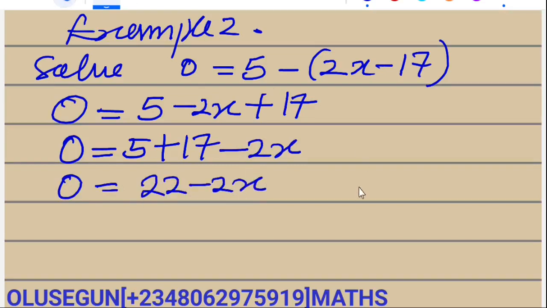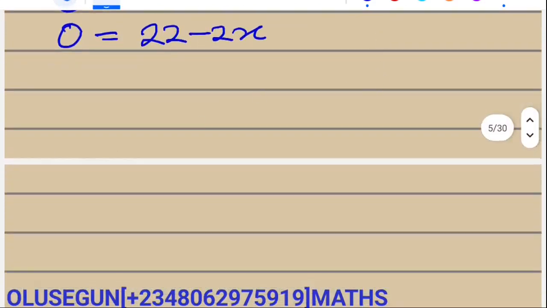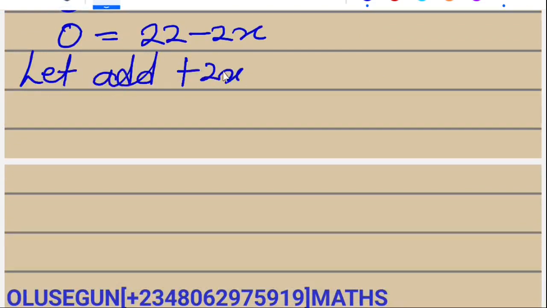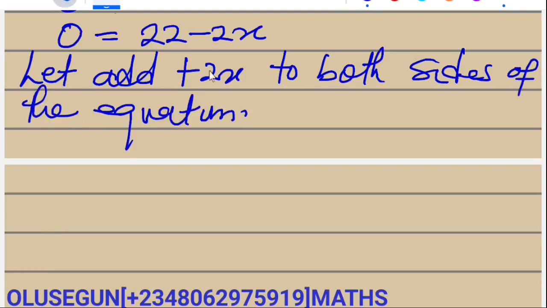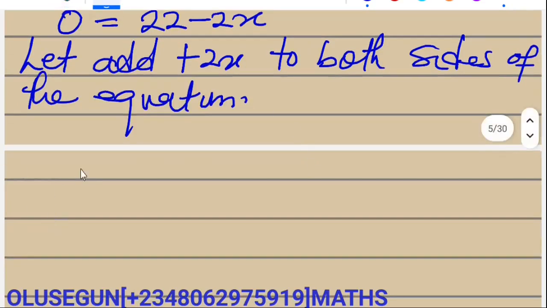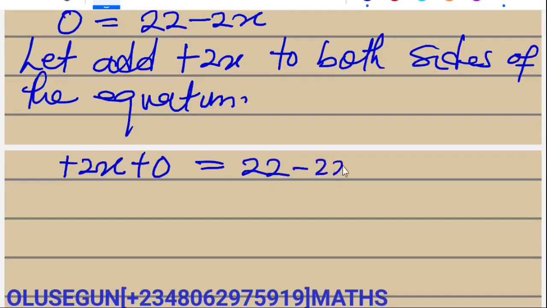So let's try to do something at this stage. What are we now to do is this. Let's add plus 2x to both sides of the equation. So we now have plus 2x plus 0 is equal to 22 minus 2x plus 2x.